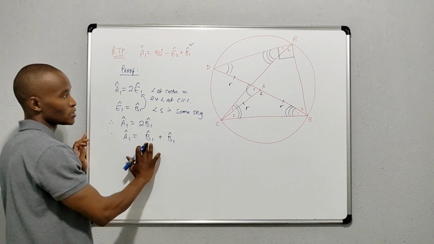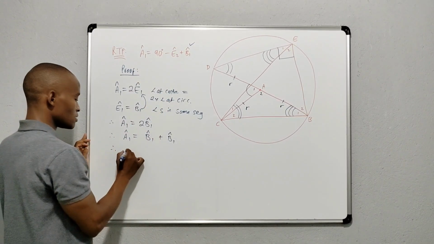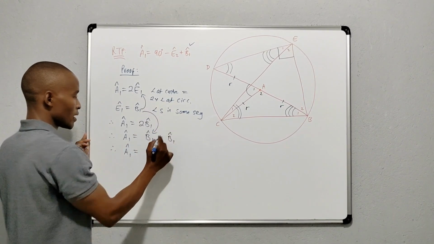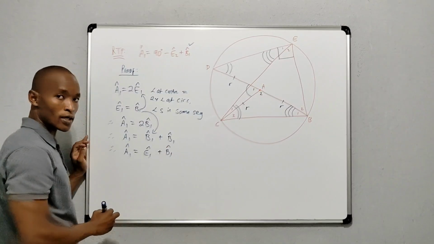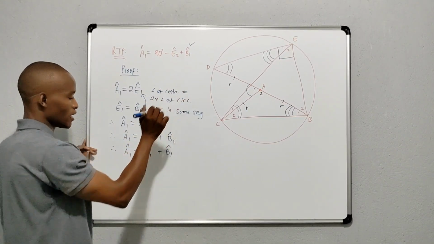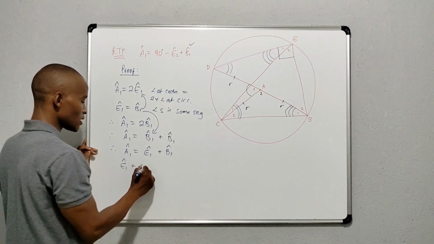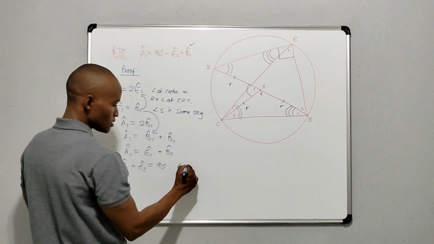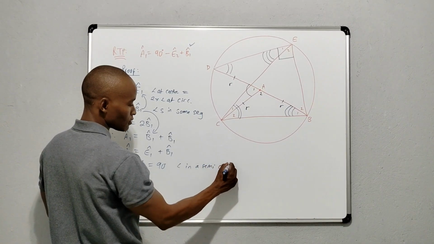We just need to intelligently write this to look like that. How? Like this. Angle A1 is equal to, we bring this relationship back there, E1 plus B1. And then we bring in the 90-degree angle. We know that angle E1 plus angle E2 is equal to 90 degrees, an angle in a semicircle.